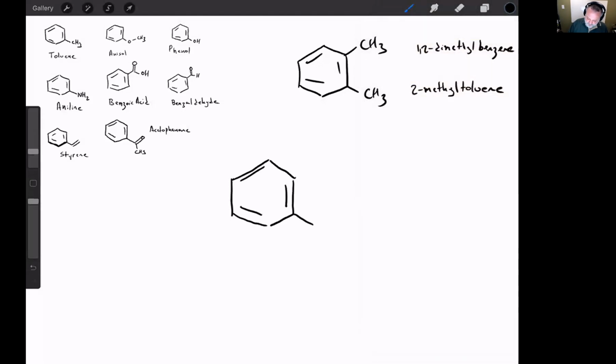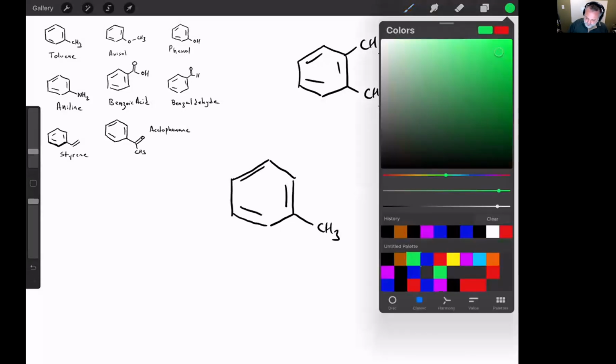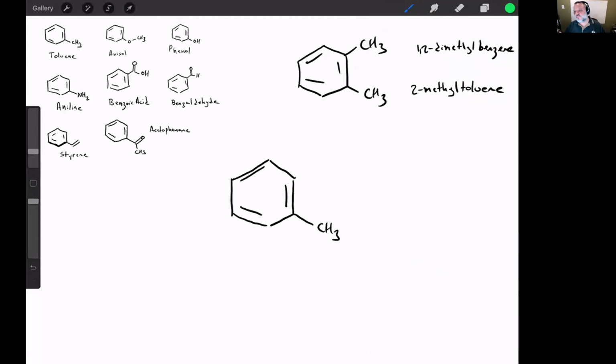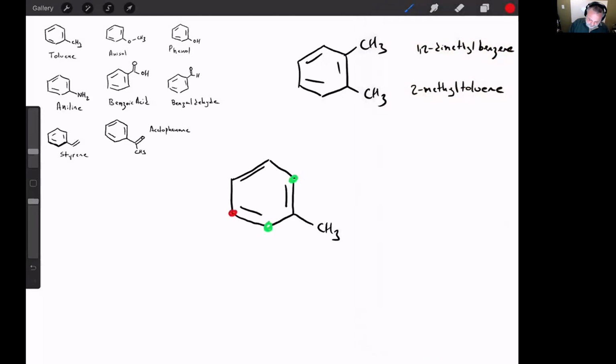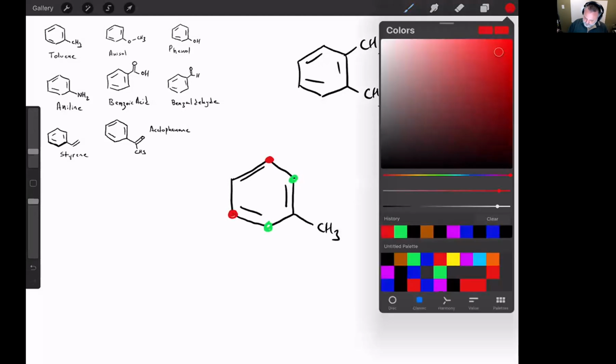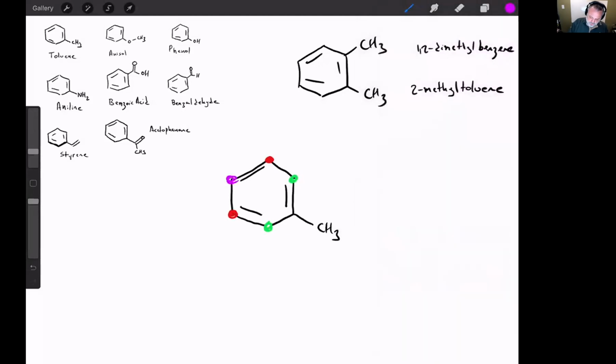And let's use the toluene as an example. When it comes to benzene, there is this really unique naming system. And it has to do with the positions that are around a benzene, and it's based on how far away they are from another substituent.